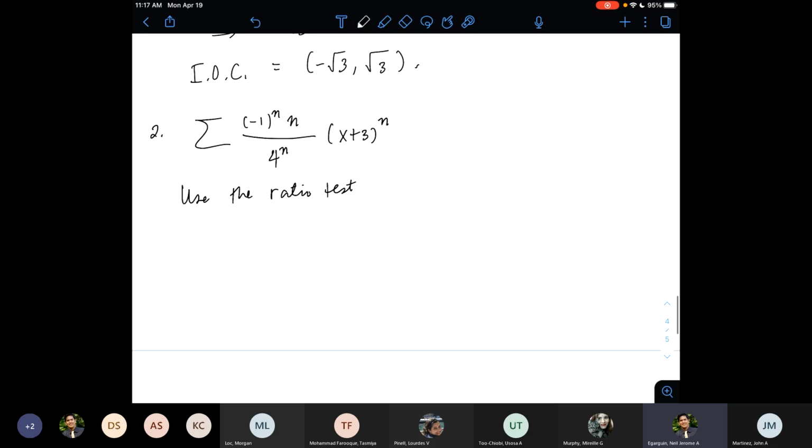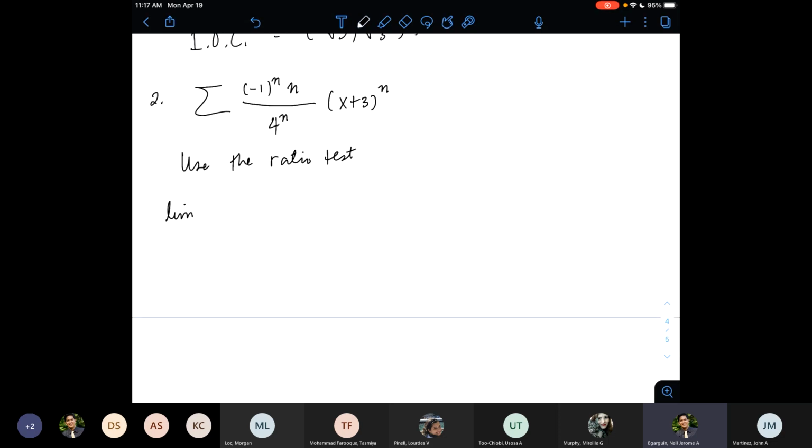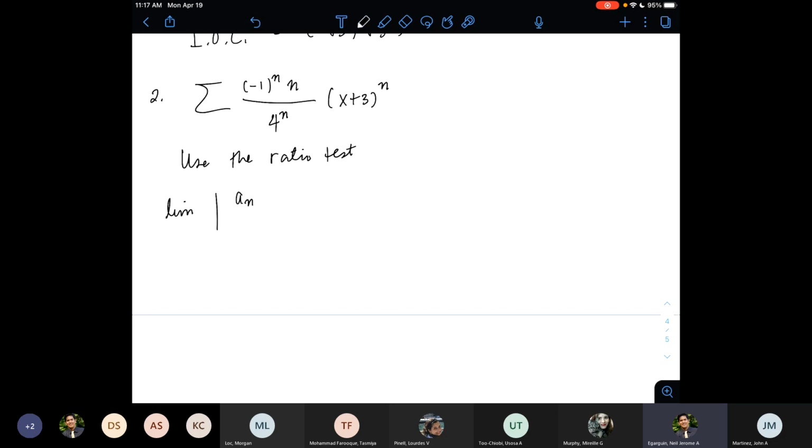Actually not just the ratio test, but the absolute version of the ratio test. So I'll take the limit of the absolute value of a sub n plus 1 all over a sub n as n approaches infinity. I'll evaluate this limit and later compare it to 1, right? So if I do this, I'll have the limit of the absolute value of, I'll replace all n's by n plus 1, all over 4 to the power n plus 1 times x plus 3 to the power n plus 1.